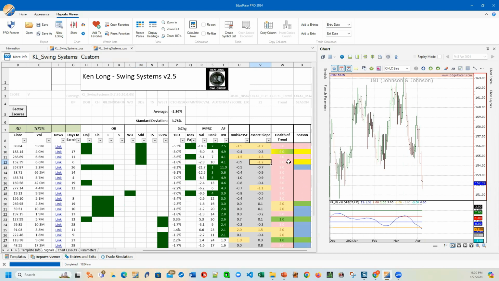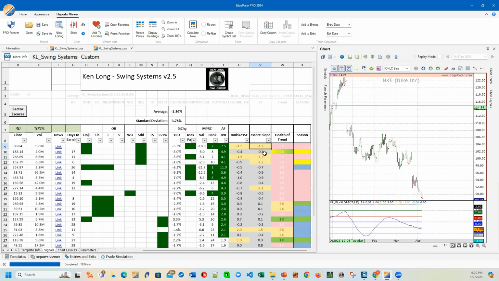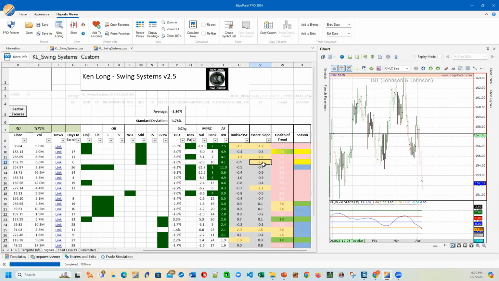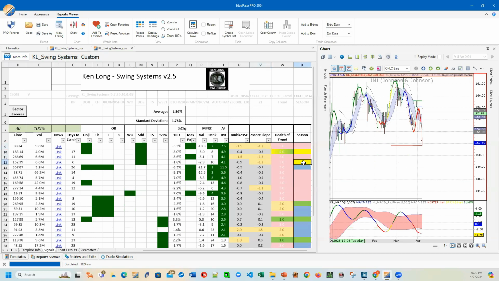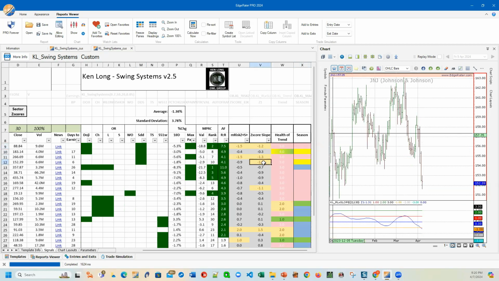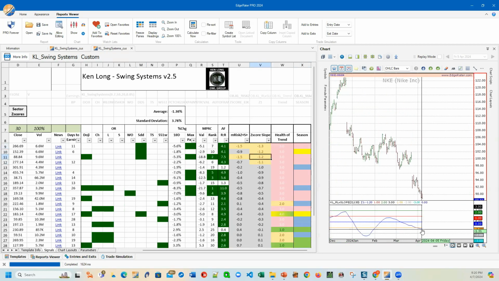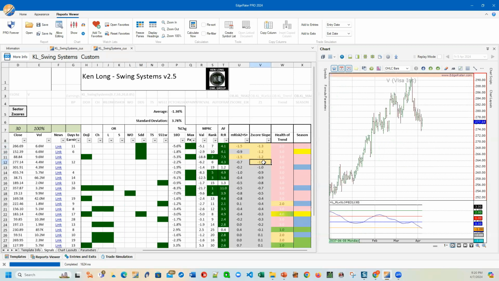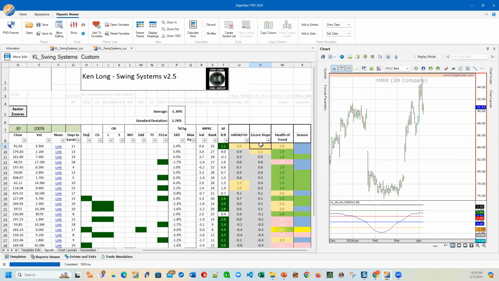Neither J&J nor Nike look like their Z-score is flattening. Still, something to watch. It looks like it's just continuing on the same course for those two, the Z-score. Maybe there's barely a hint of flattening. I'm not convinced.